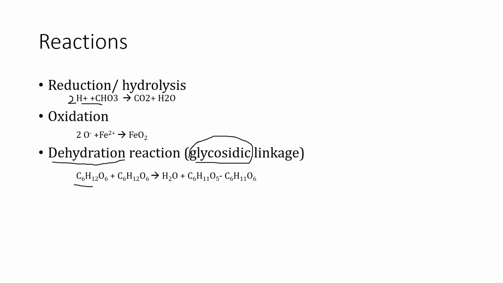You can see a 6-carbon sugar here, another 6-carbon sugar here. Over here, you're noticing that water is coming out, so we're losing water. And over here, we have a bond forming between these two sugar molecules. And so that's a dehydration reaction. Can use it for a lot of things, not just for sugars.